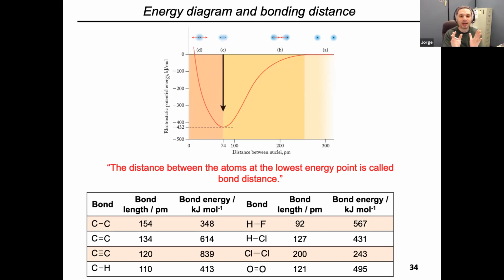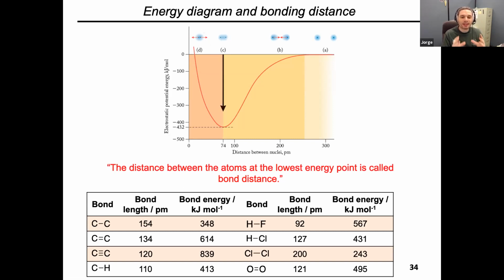However, if they start to get closer from this point, now there is a repulsion between the two nuclei because they get close to each other, positive and positive, they start to repel, and that results in an increase of the energy and destabilization of the compound. Okay?